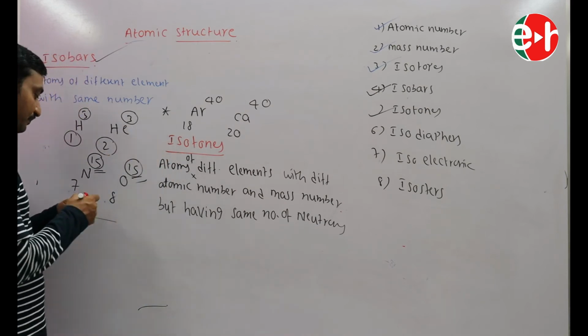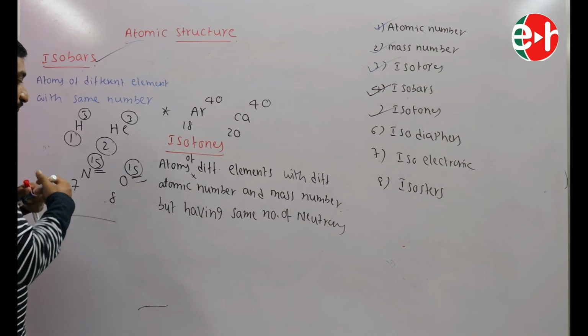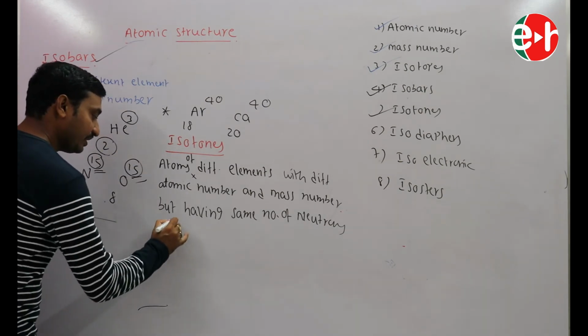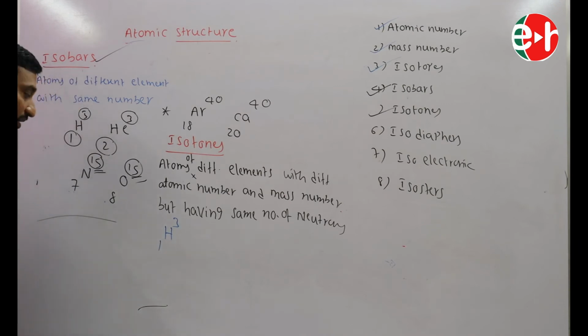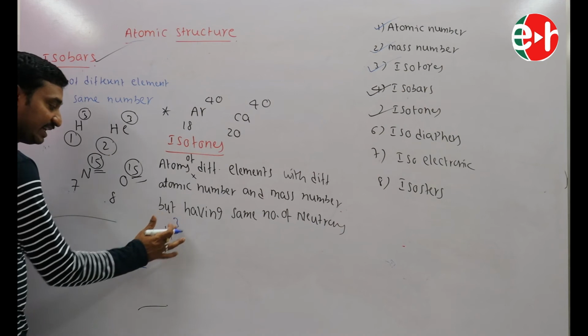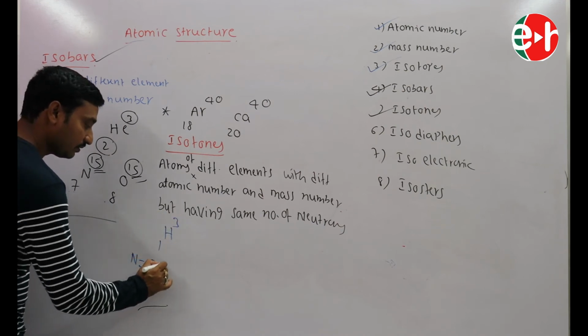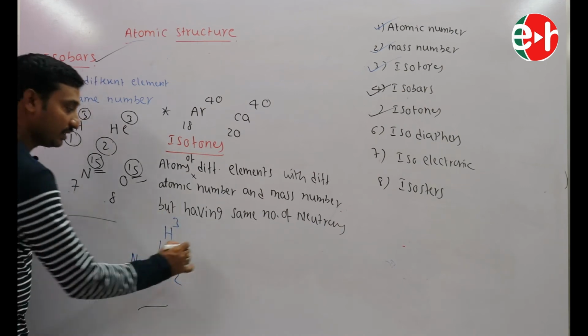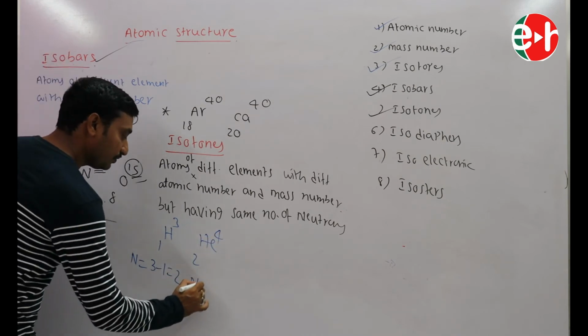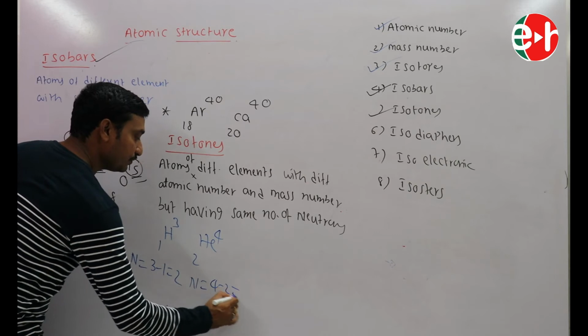Example, see, 1H3, here number of neutrons 3 minus 1 is equal to 2. Helium 2 to 4, number of neutrons 4 minus 2, 2.